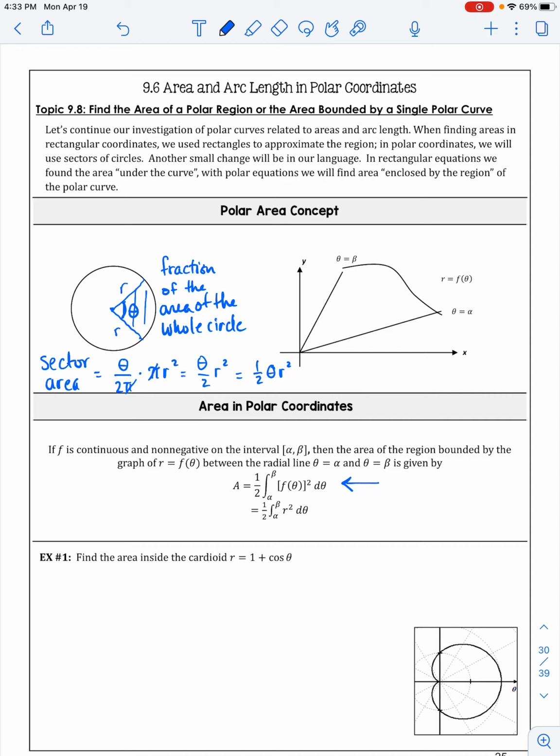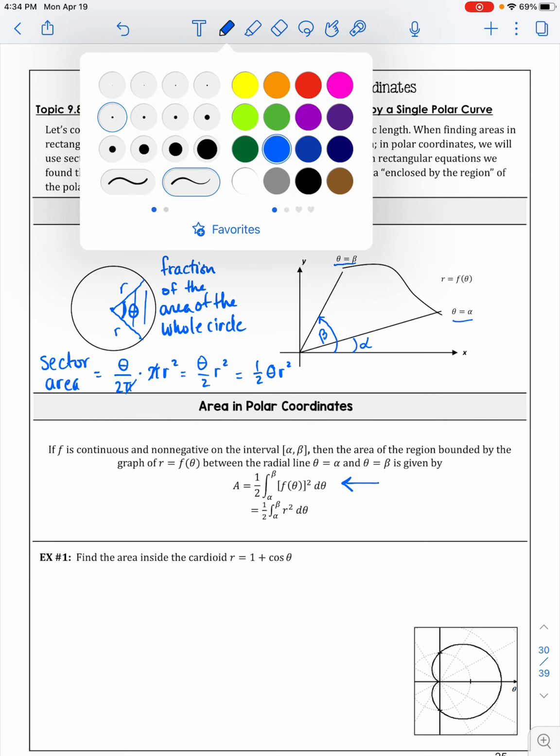But what I'd like you to look at is if you were integrating and you had r going from some theta angle alpha to some theta angle beta. So this would be your alpha, and from here to here would be your beta angle.